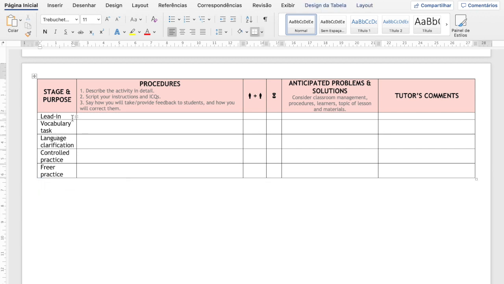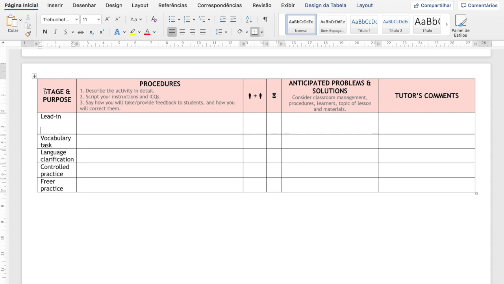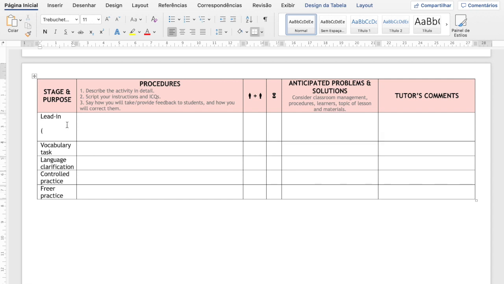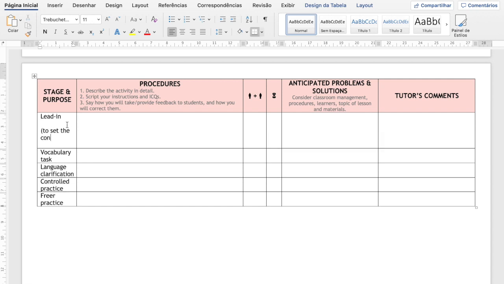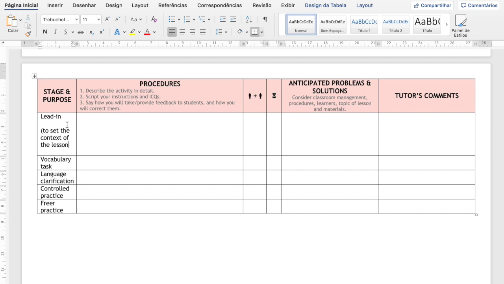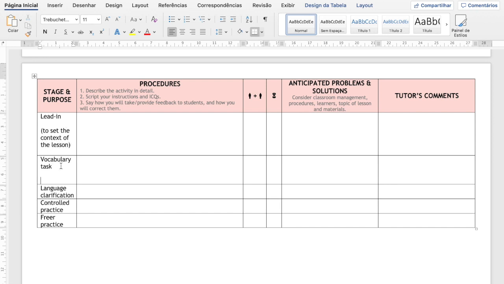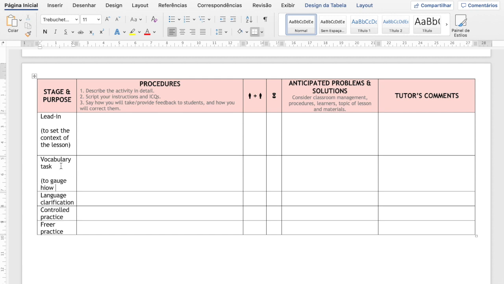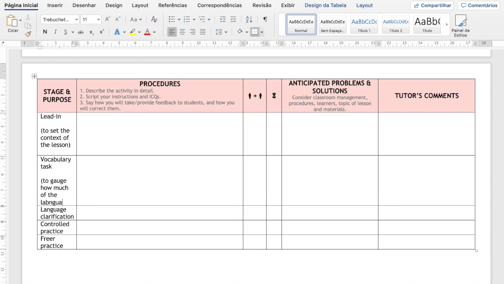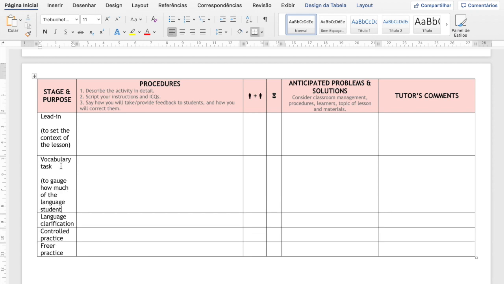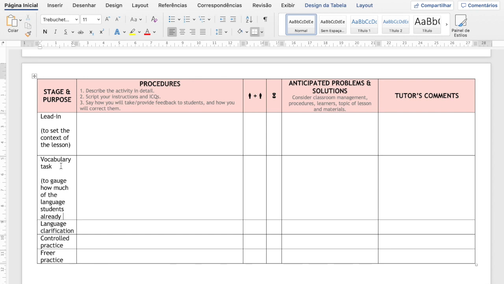So what is the purpose of the leading? Look, here you have to write what the stage and purpose of the stages are. It is to set the context of the lesson. The aim of the vocabulary task is to gauge how much of the language students already know.